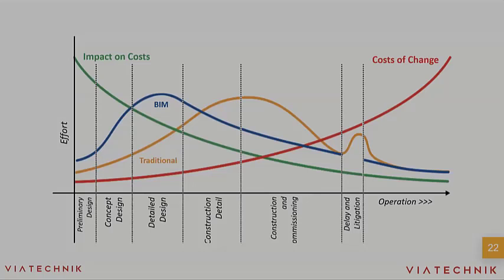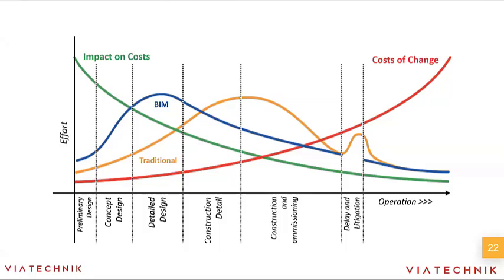So one question that I always get asked is, how early is early? When we bring all these stakeholders together, how early do we need to decide if we want to adopt a mass timber system? Well, the easy answer to that is as early as possible, and if possible, as early as the schematic or preliminary design phase.